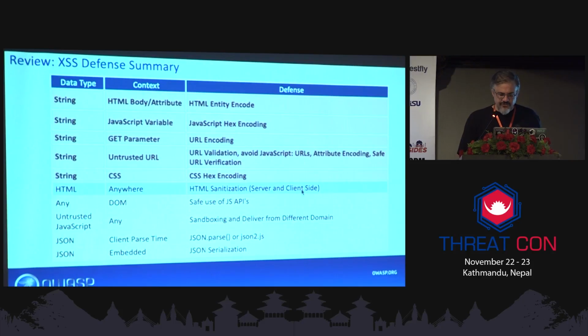If the user is building JavaScript programs, well, they have to use safe JavaScript functions to display data. If you're taking JavaScript or advertisements from a third party, you want to sandbox it in a sandboxed iframe. If you're embedding JSON, you want to serialize JSON. The point I'm trying to make, Vikas, is it's complicated.